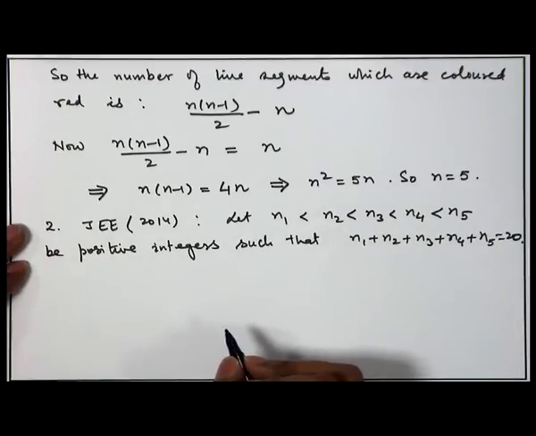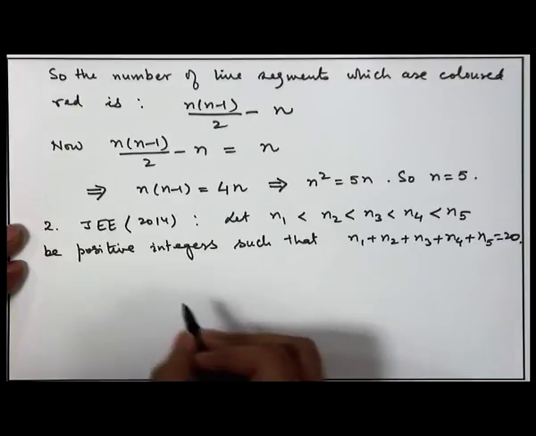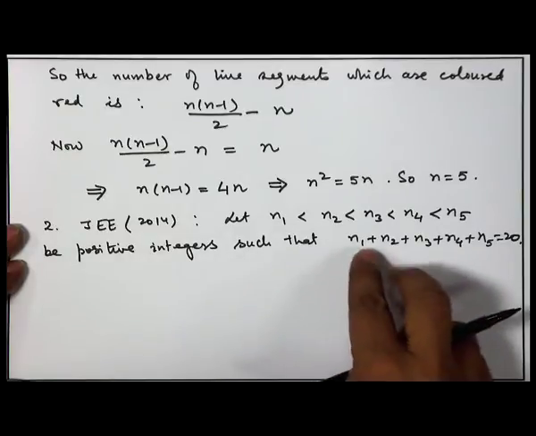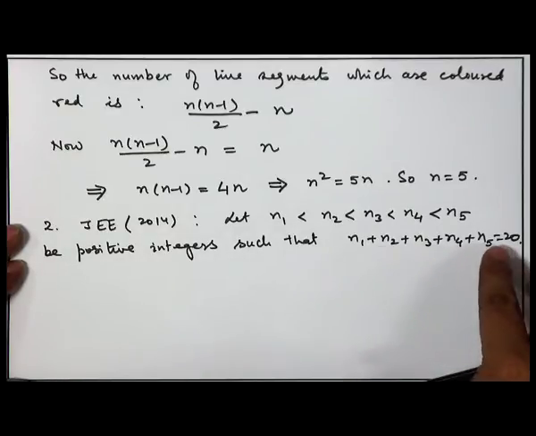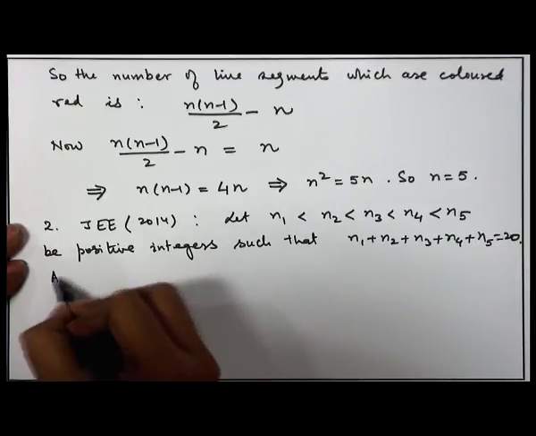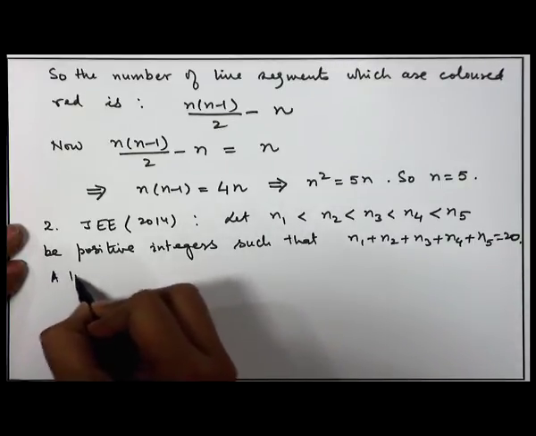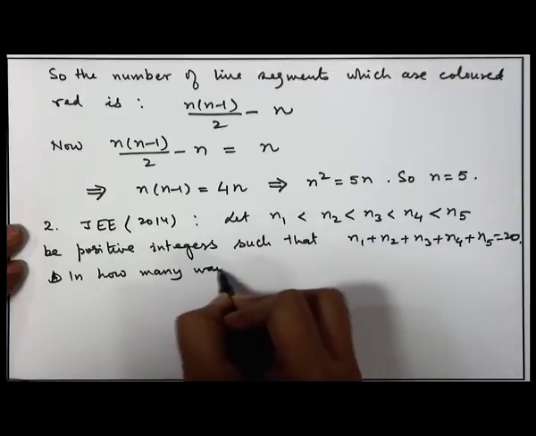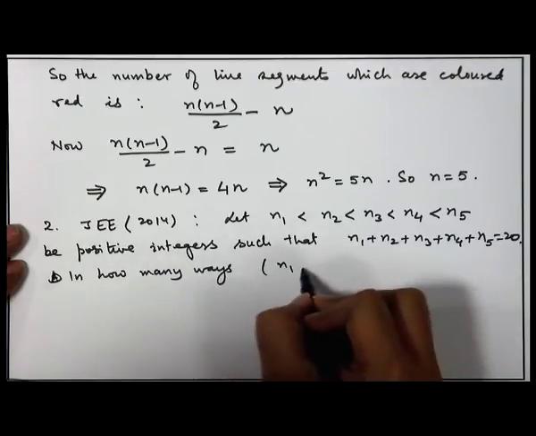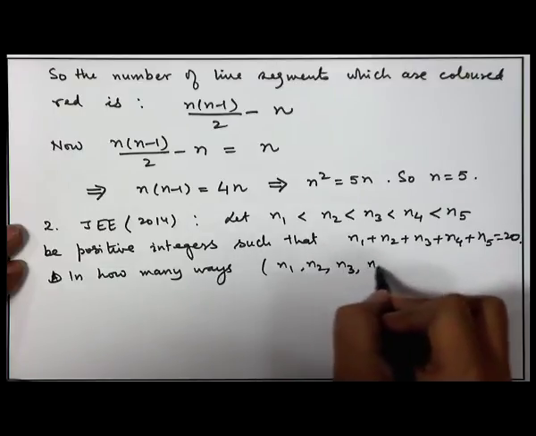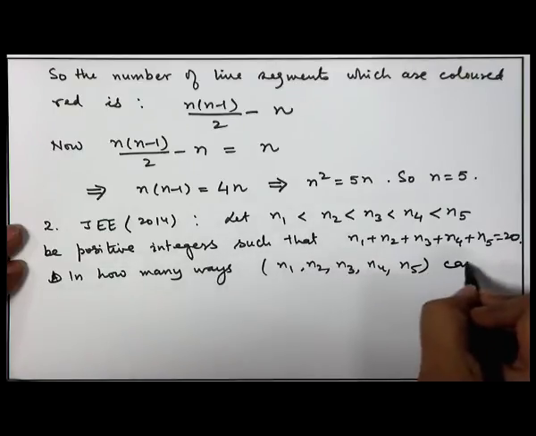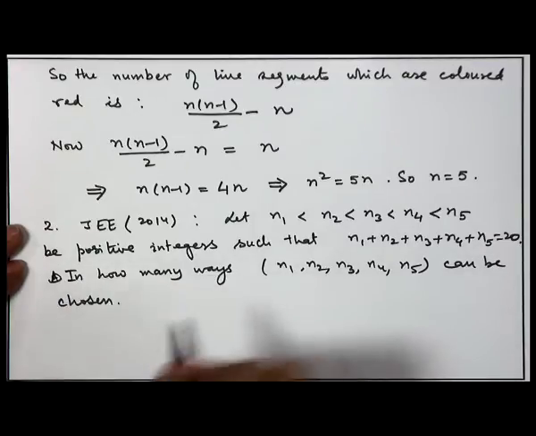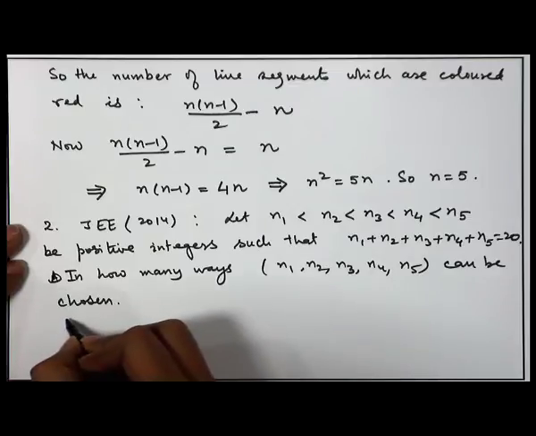So, 5 integers are chosen in such a way that their sum is 20. In how many ways can n1, n2, n3, n4, n5 be chosen? That means satisfying these criteria.